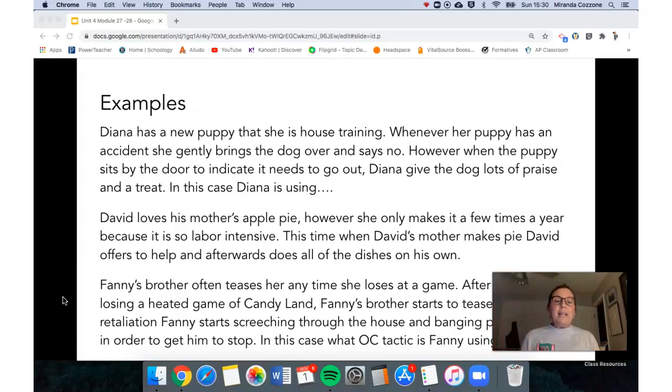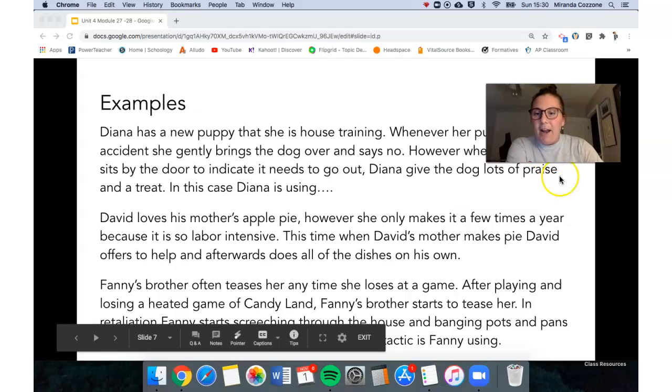David taking away some of the work is likely to have her make more pies. So in this case, David is negatively reinforcing his mom to make more pies. Negative because he's taking away the chore of doing all of the dishes, and reinforcing because he wants her to make more.